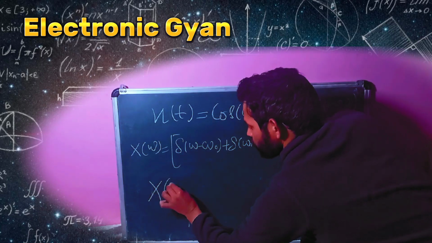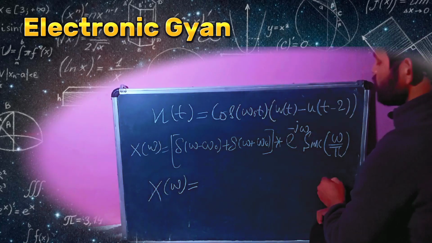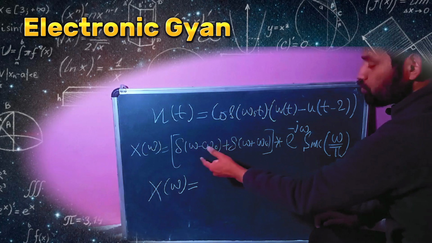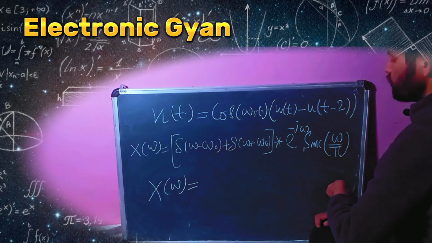Now we are going to convolve this signal with the deltas at omega equal to plus and minus omega naught.